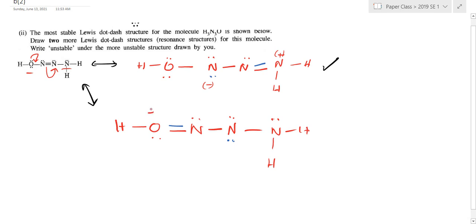This is plus, and this should be minus. And here, these 2 electrons have been donated by this nitrogen to this nitrogen. This should be plus, and this should be minus. Cut off, the same cannot be there. Now look at the overall charge also. Minus plus means 0. It means this H3NO is neutral. Yes, it is a neutral one.